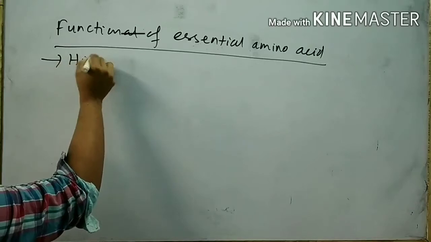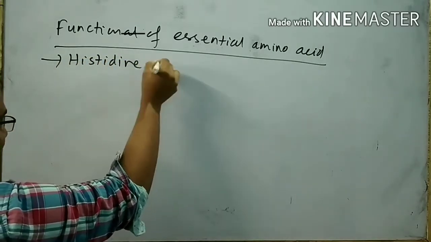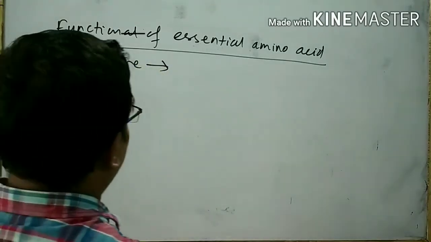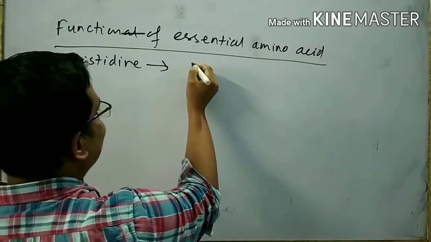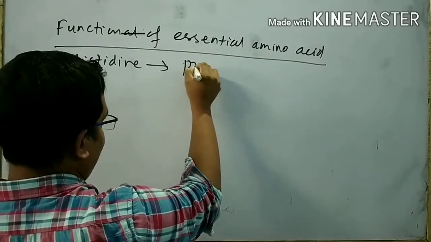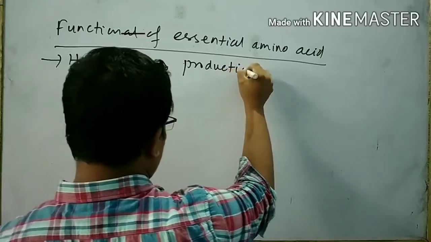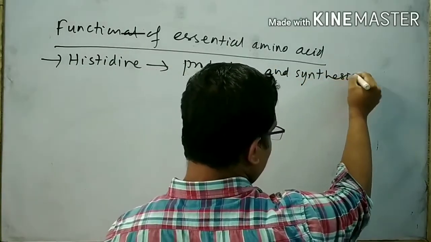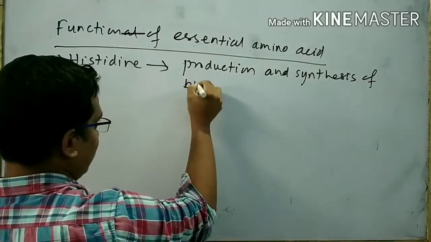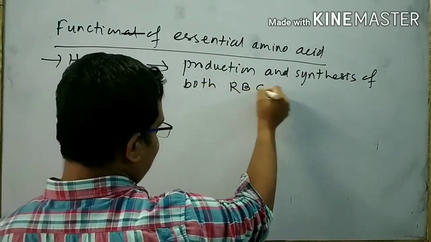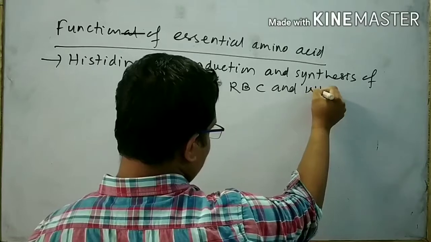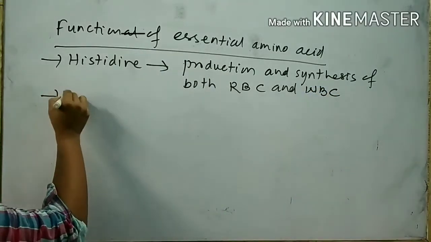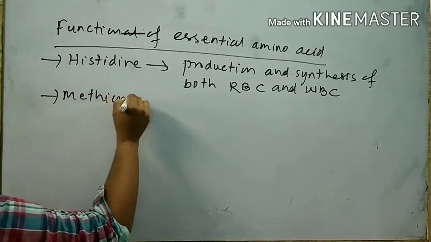Next is your histidine. It is responsible for the production and synthesis of both RBC and WBC.